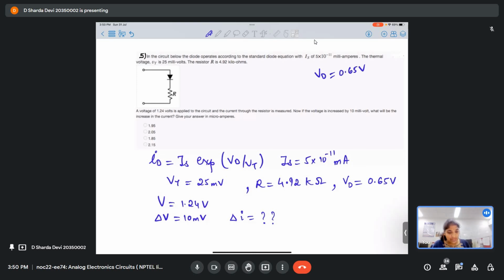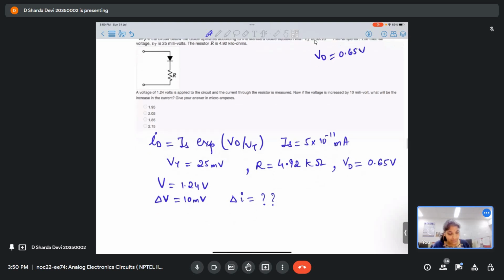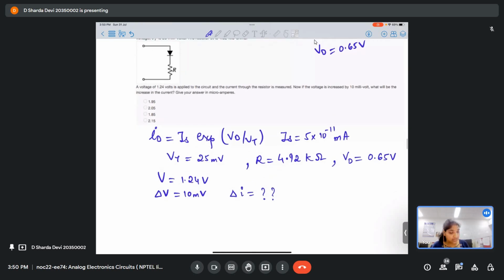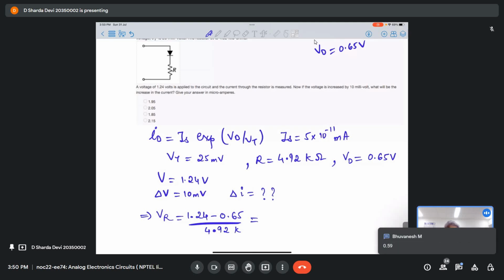If the drop across this diode is 0.65, what will be the voltage across the resistor? The voltage across the resistor, as well as the current.